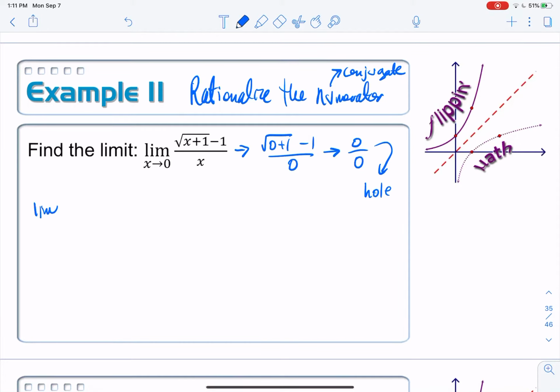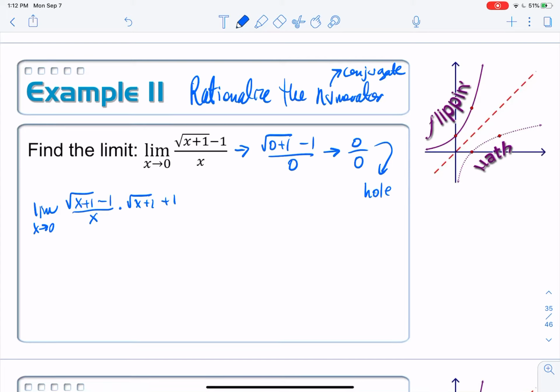Let's bring down our limit notation. Limit as x approaches 0, square root of x plus 1, minus 1 over x. And our conjugate of the top would be the square root of x plus 1 plus 1.